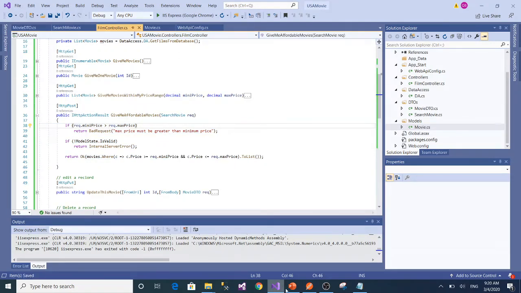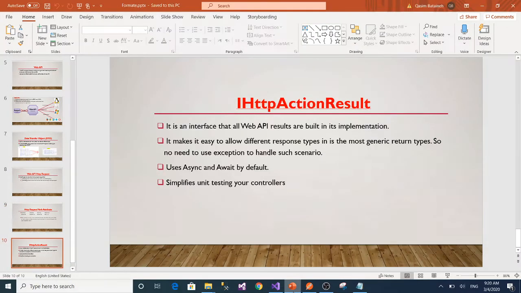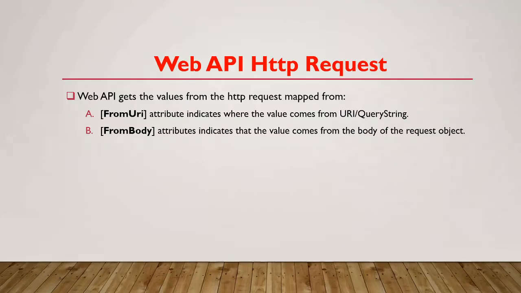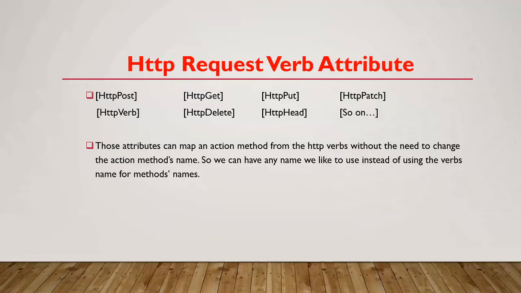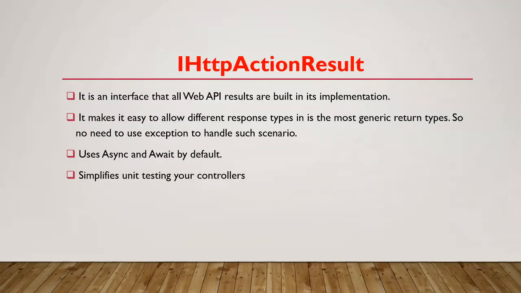Before I test that, let me give you an overview about IHttpActionResult. It's an interface that all Web API results are built on its implementation. It makes it easy to allow different response types in the same generic return type. So no need to use exceptions to handle such scenarios.